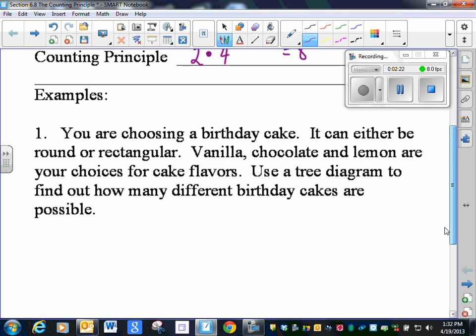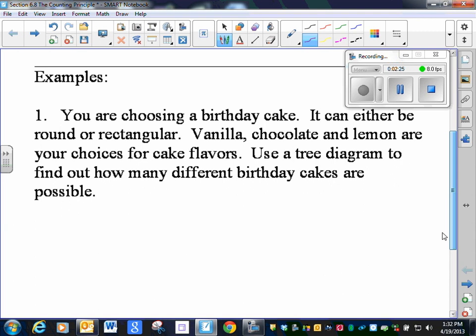So let's look at this birthday cake example. This is pretty straightforward. It can either be a round or a rectangular cake. So there's the shape. That's our first choice. Vanilla, chocolate, and lemon are the choices for cake flavor. So cake flavor is the second thing we're picking. And that's it. I didn't even put any frosting on here yet. So it says use a tree diagram to find out how many birthday cakes there are.